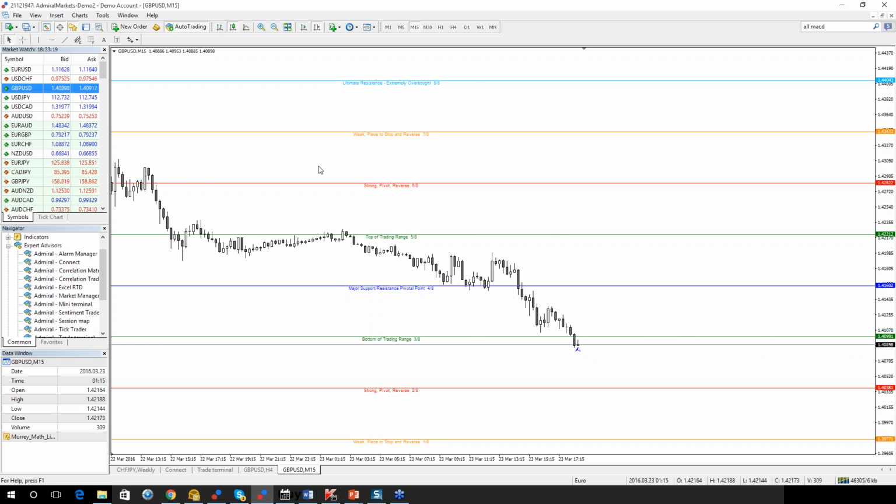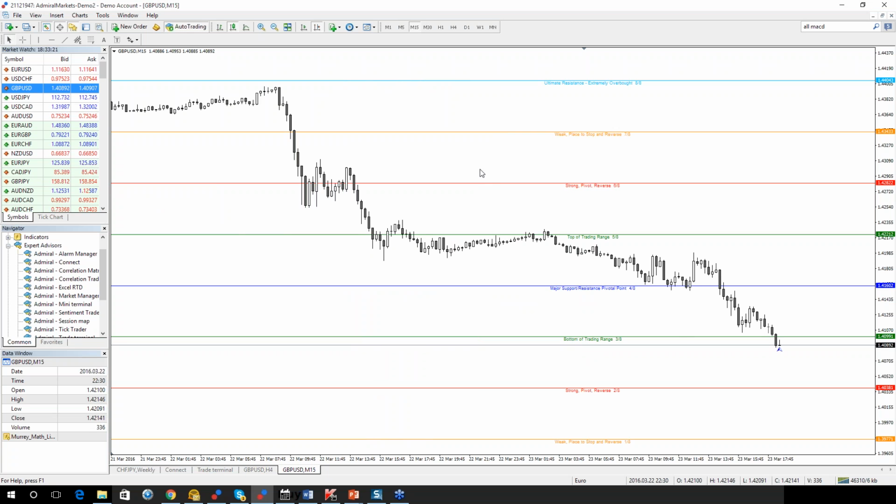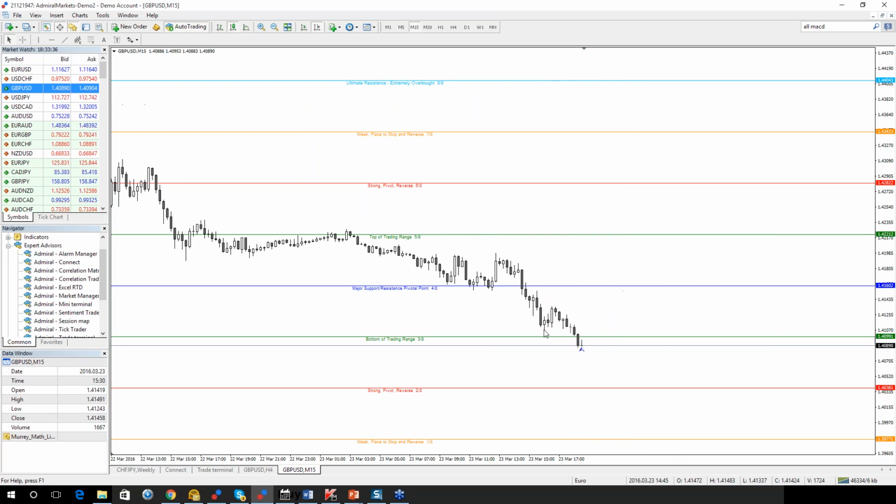So actually you can see that very often Murrey Math goes very well in accordance with other analysis, such as, let's say, Camarilla or whatever else. So those are strong lines, and we will be using them in our PNT trading.